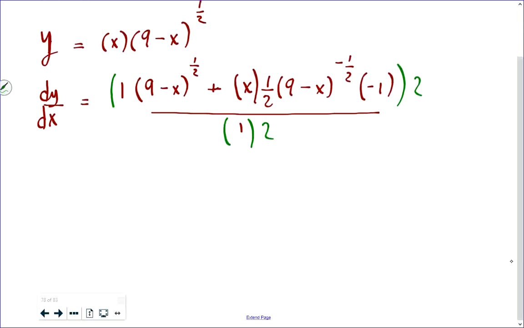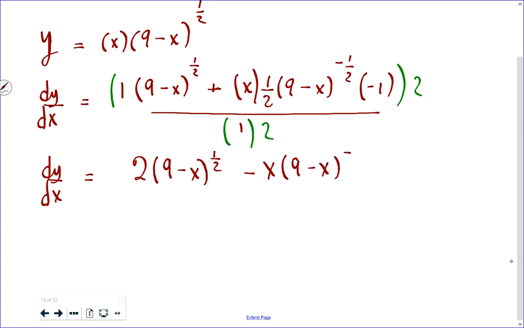So I get dy dx is equal to 2 times 9 minus x raised to the half, plus, well, actually minus, because of that negative 1, I will have minus x times 9 minus x to the negative half, and this is over 2.